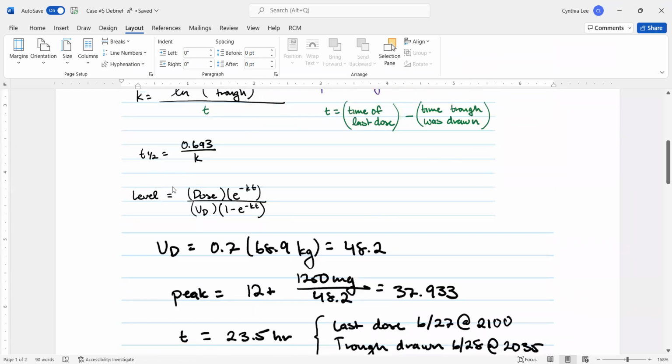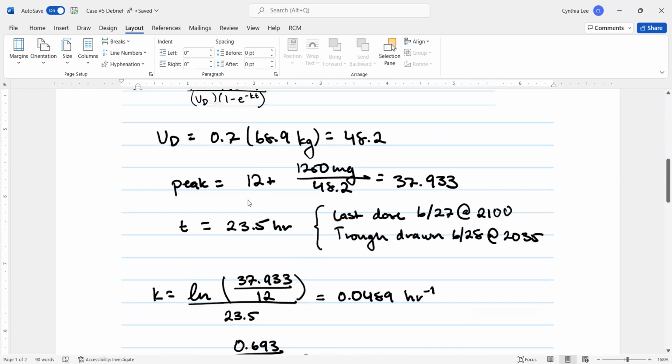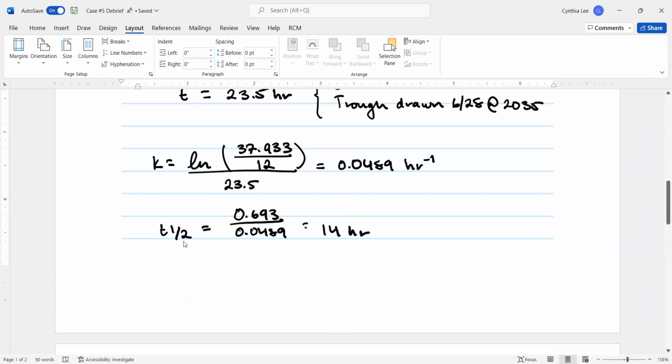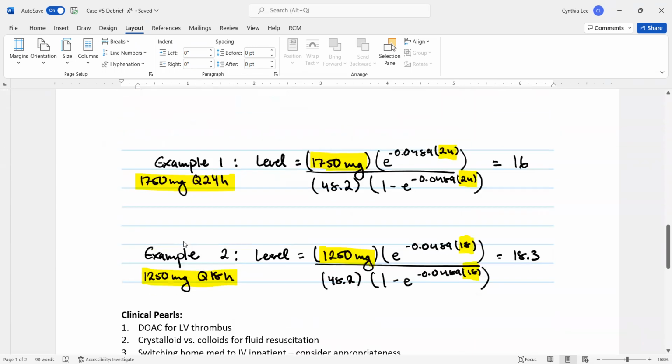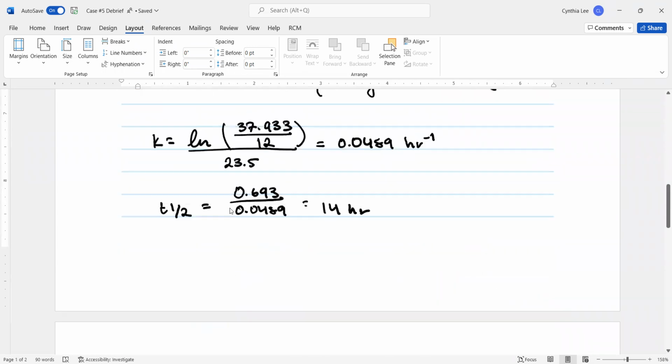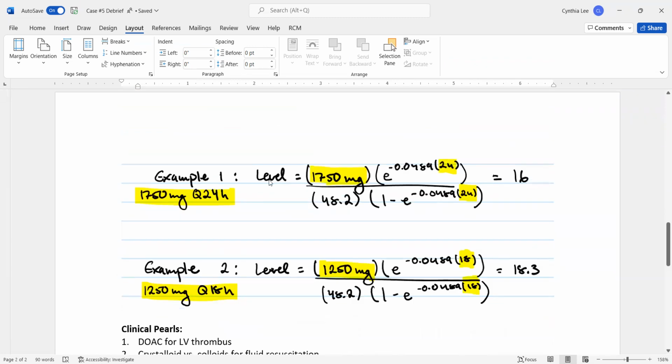So the level is dose over volume of distribution, which you calculated already, and K you calculated, and T is basically your interval. You calculate your VD, your K, your half-life, and then you plug into that levels equation with your planned dose.